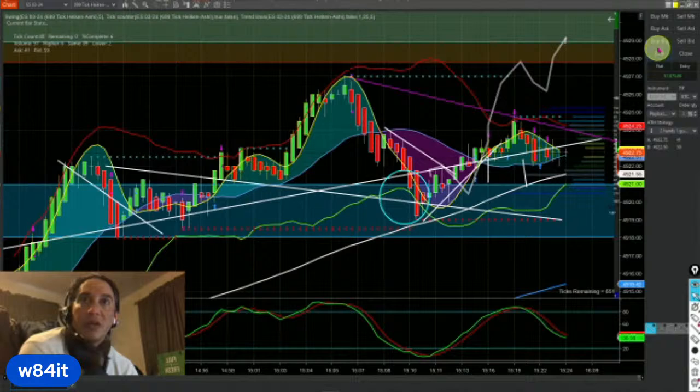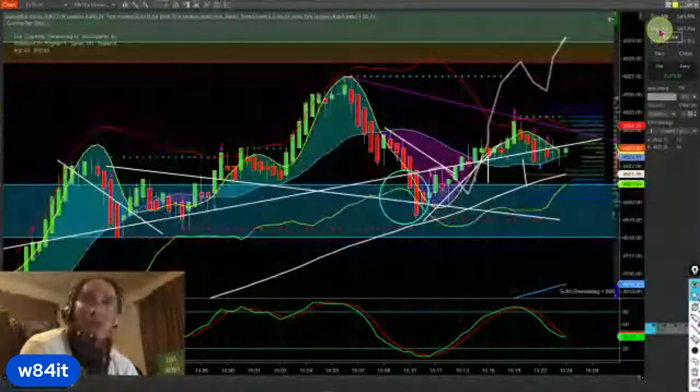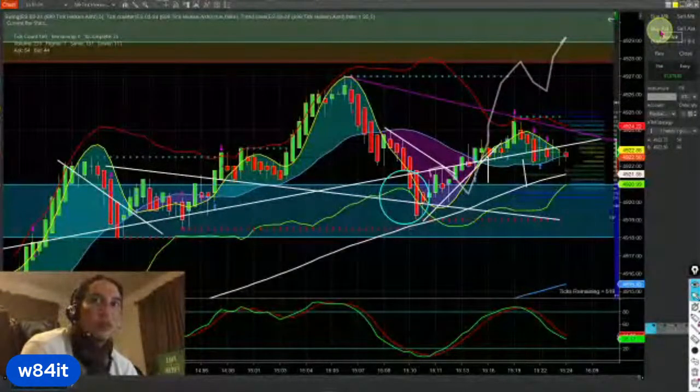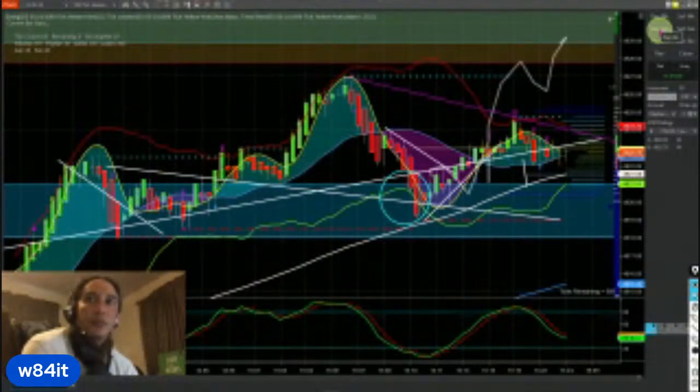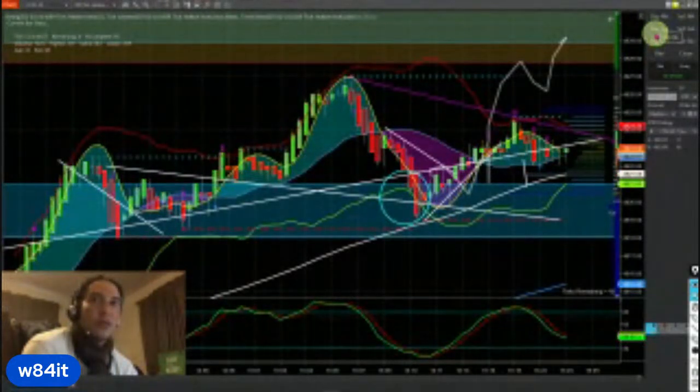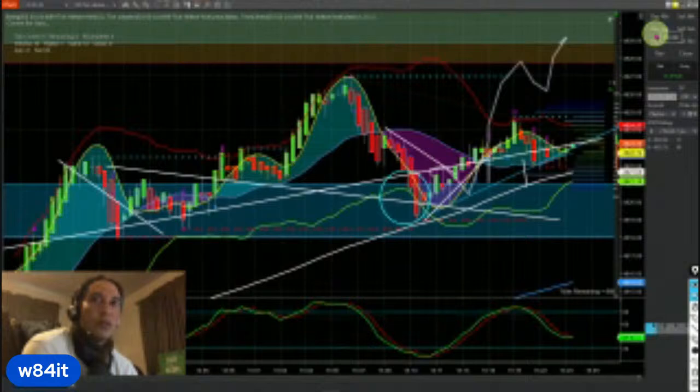Now I got indecision there. They go green right here to get in. If it's red, it's dumping. Just gotta watch the volume. 64 left. Barely green. I don't know if I trust that.